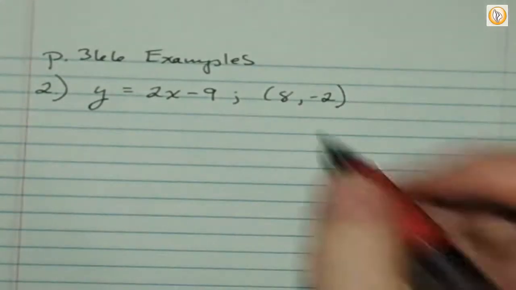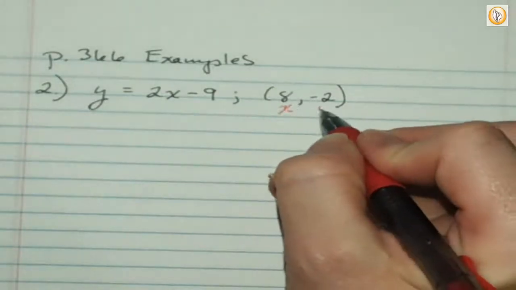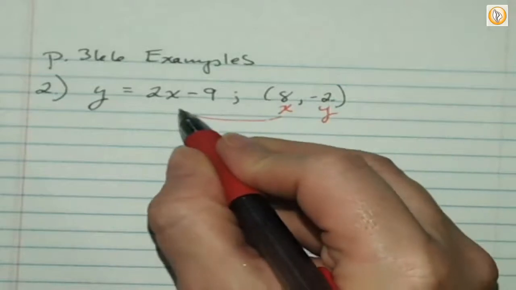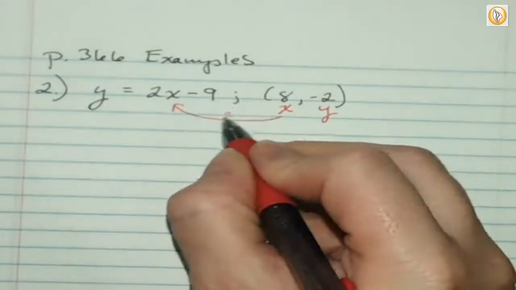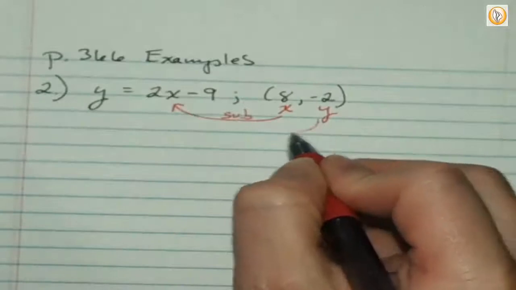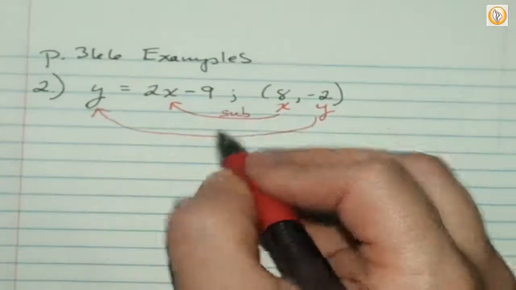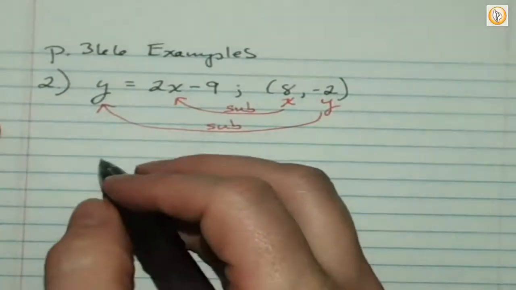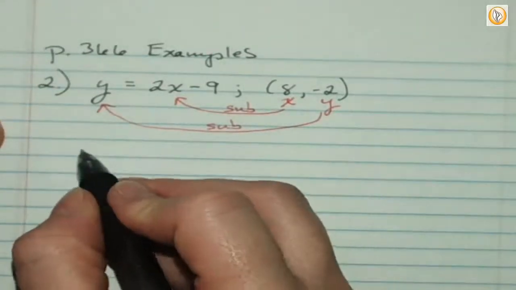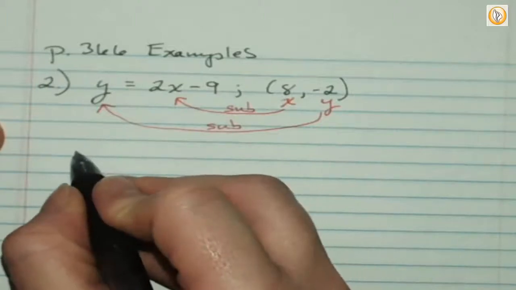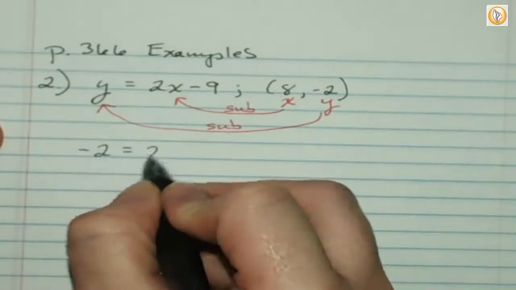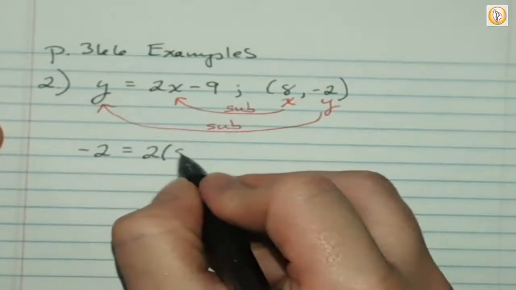So if this is my x and this is my y, remember, we're going to substitute the x and the y and then solve to see if they equal each other. So Izzy, tell me how to solve this. What would my new equation look like? -2 equals 2 times 8 minus 9.